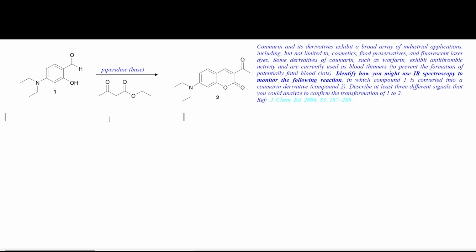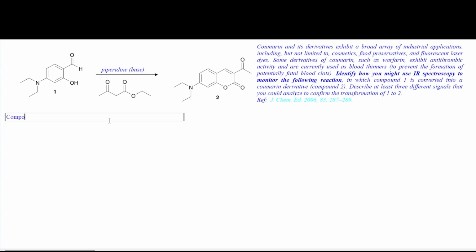In IR spectroscopy, we generally find the respective functional groups with certain specific vibrational or bond frequencies. Let's first list all the possible IR signals in compound 1 and then compare that with compound 2, and then we can decide how you can monitor this particular reaction.